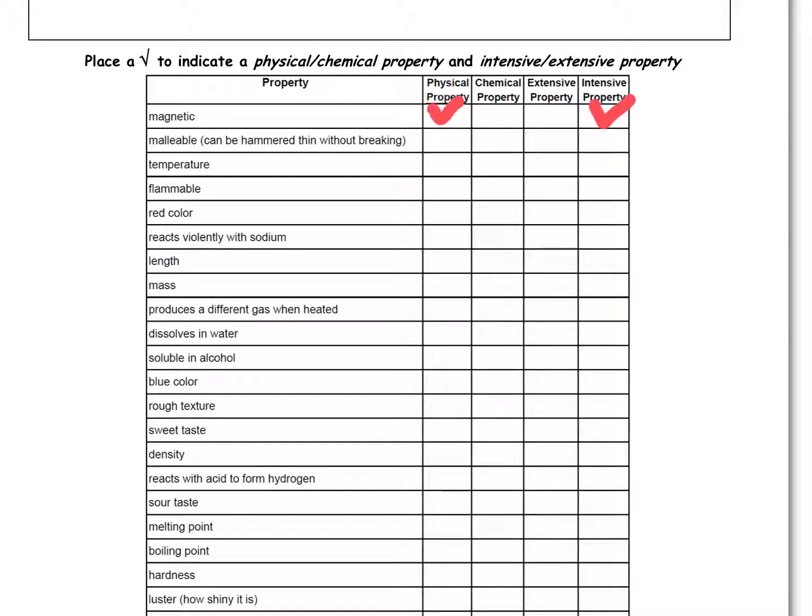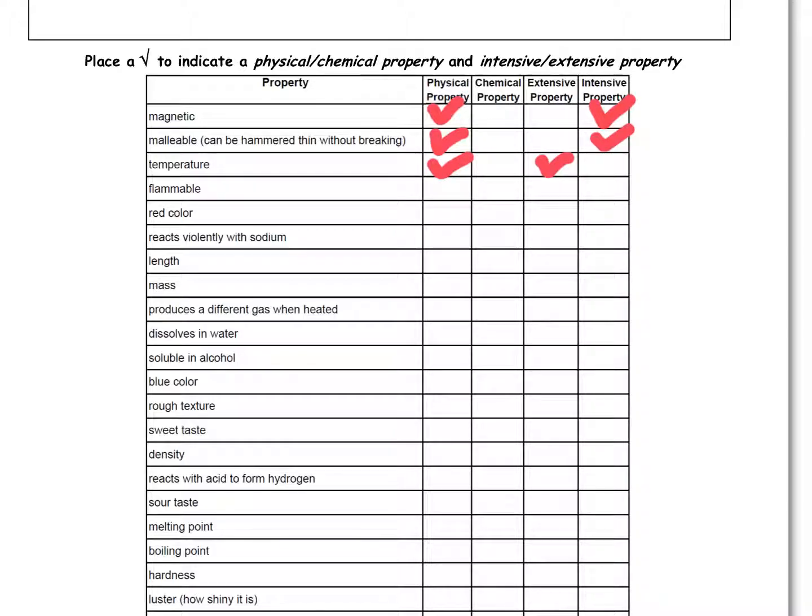Malleable, you are physically describing something, so it's a physical property. And if something is malleable, it is always malleable, intensive. Temperature, we are describing its physical properties, so it is a physical property. And then, is it an extensive or intensive? Well, the current temperature of a substance is only the current temperature. It falls under this current situation and is therefore extensive.